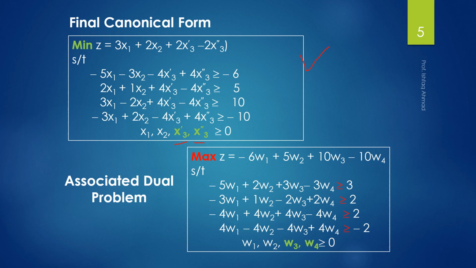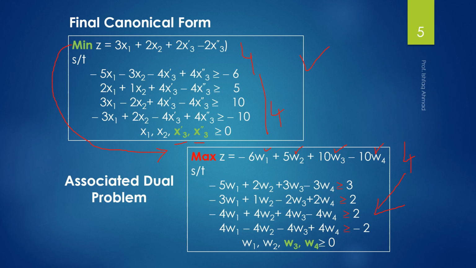The associated dual problem will go from minimization to maximization, and the original final canonical form has 4 constraints, so we will have 4 variables, w1, w2, w3 and w4, for the associated dual problem. And as the original canonical form has 4 variables, we will have 4 constraints in the dual problem.